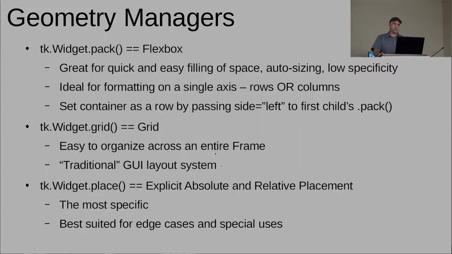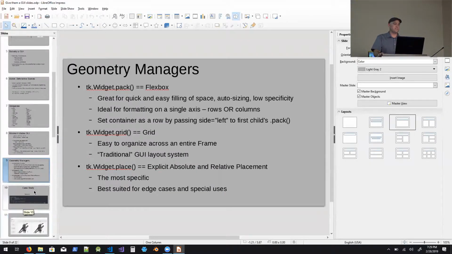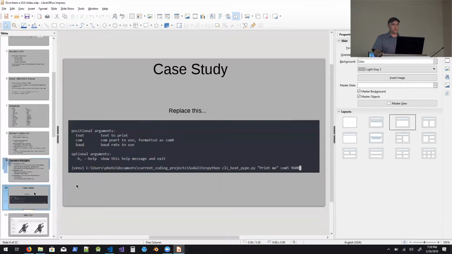You couldn't do that with grid, you couldn't do that with pack, but with place you could. And it's the only way if you ever wanted to overlay widgets. Neither of the other two will let you do that. Did you mean pack or place? Place. Place is what you can overlap.